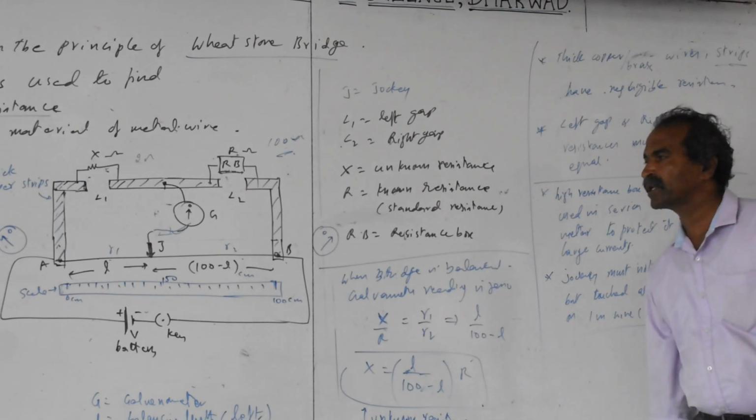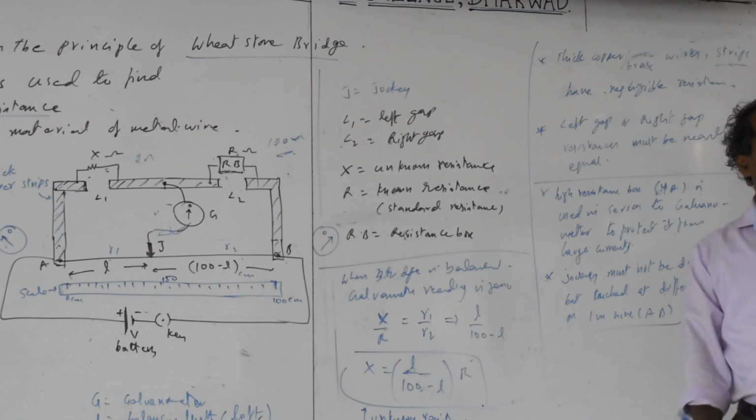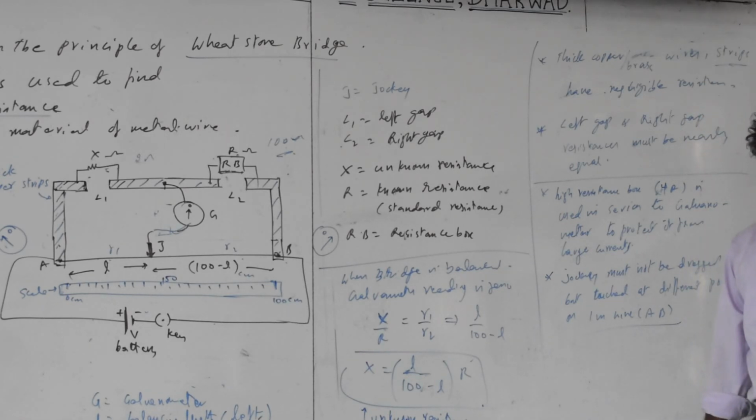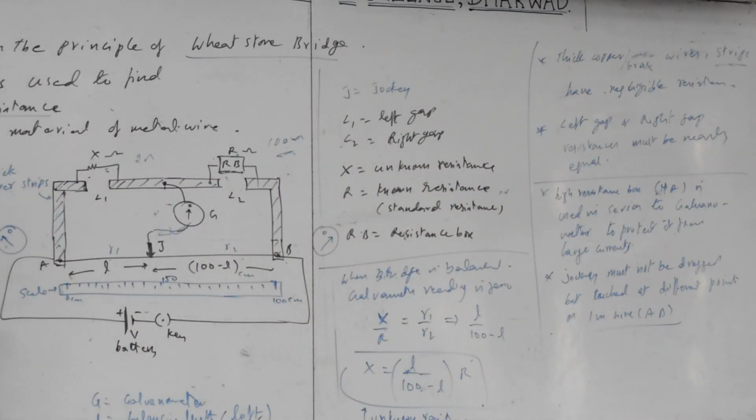On this 1 meter wire you will touch at different points. And what is this 1 meter wire made of? Manganese, nichrome or constantan is preferred in making it. These are the points related to finding the unknown resistance. Next, I will give the equation for resistivity.